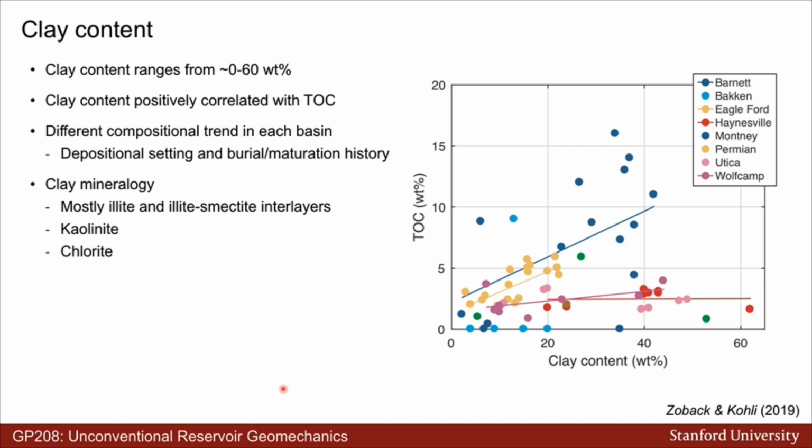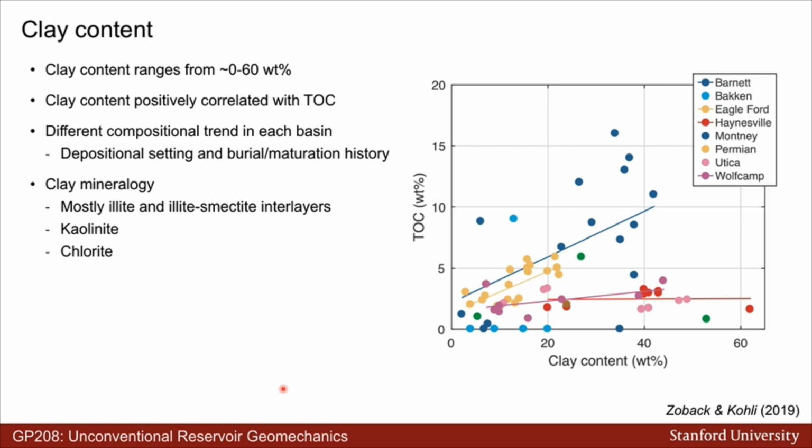So you can see that the trend for different reservoirs is quite different. And that obviously is owing to the different depositional setting, burial, and maturation history that they all have experienced. But in each one, there's an approximately positive correlation between clay and total organic content. And in the future, when we talk about elastic properties, we'll actually come back to that as a useful tool for actually creating some simple models to describe the properties of these rocks.